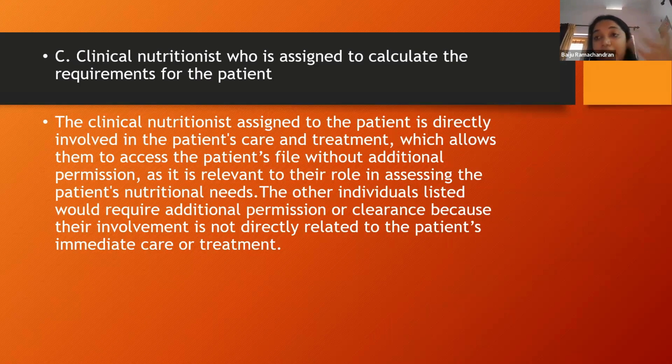Then only she can prepare a diet or the proper nutritional requirement that is required for the proper treatment of the patient. So she is the one who is able to take the patient's file without taking permission.